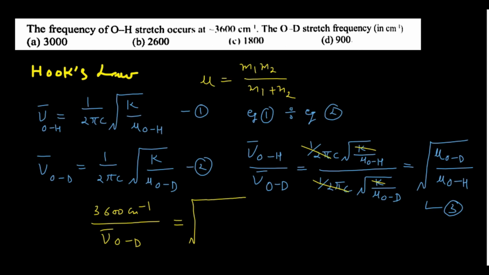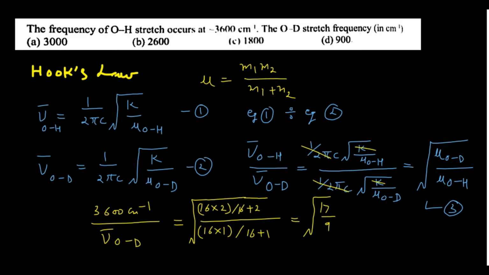So I'll write 16 multiplied by 2 divided by 16 plus 2, and then divided by this value for mu OH. Oxygen is 16, hydrogen is 1, that is protium. So you can write here 16 into 1 divided by 16 plus 1, and when you solve this, it will come to 17 by 9.